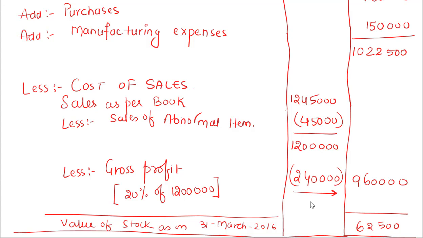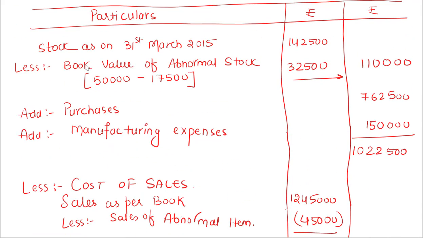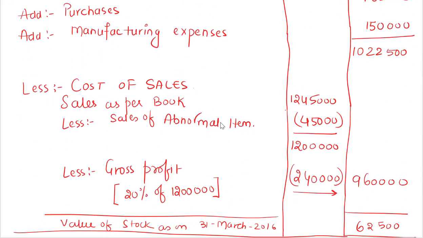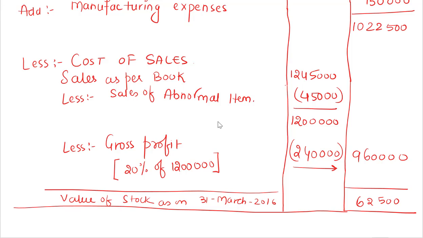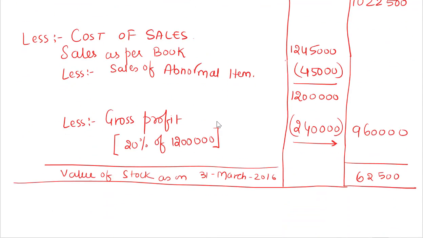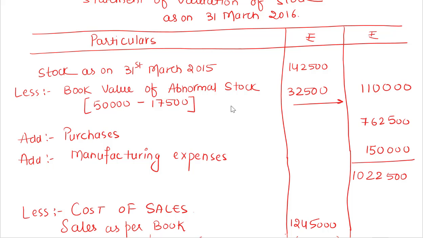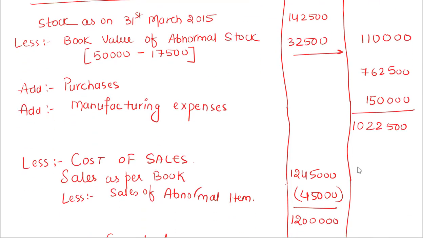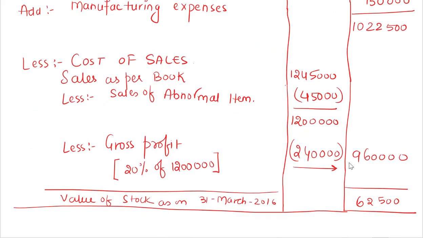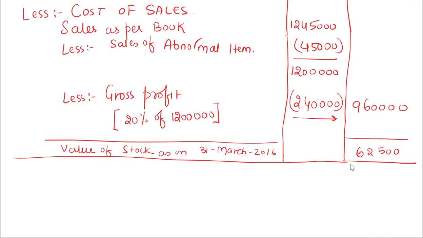We deducted the gross profit from sales and reached the cost of sales. From the value of adjusted stock, we deducted the cost of sales, and what we received is the value of closing stock as on 31st March 2016, 62,500.